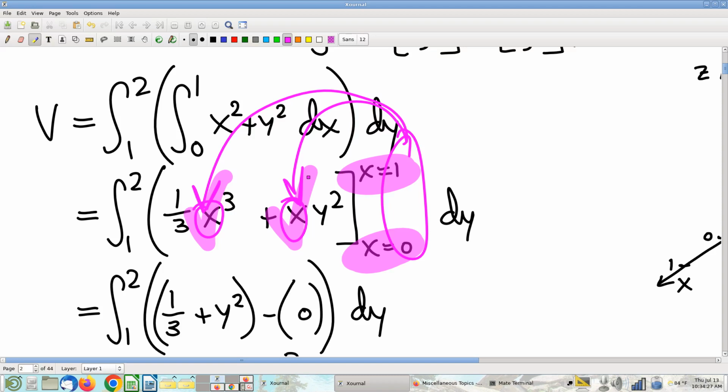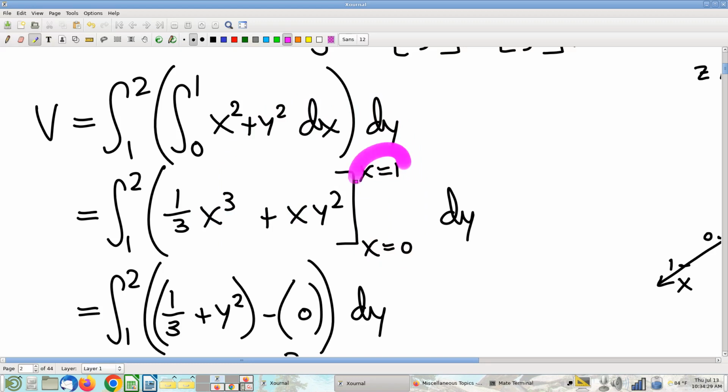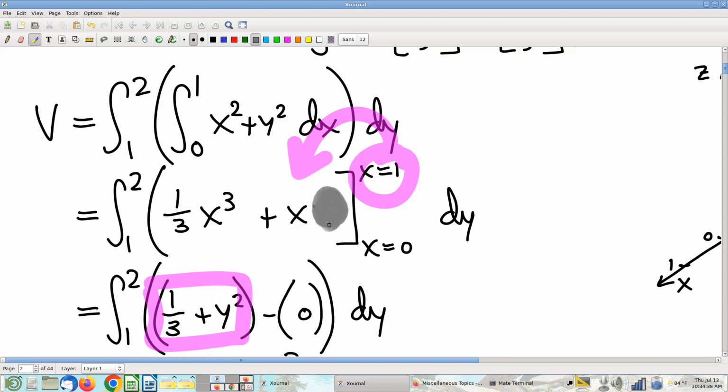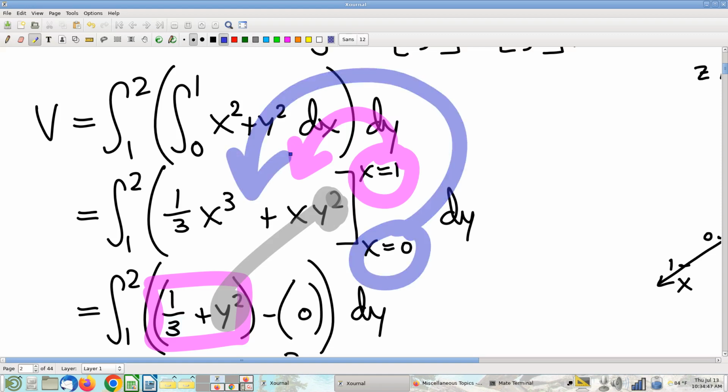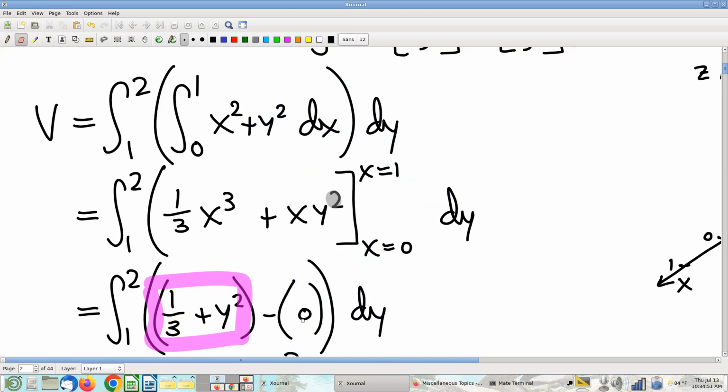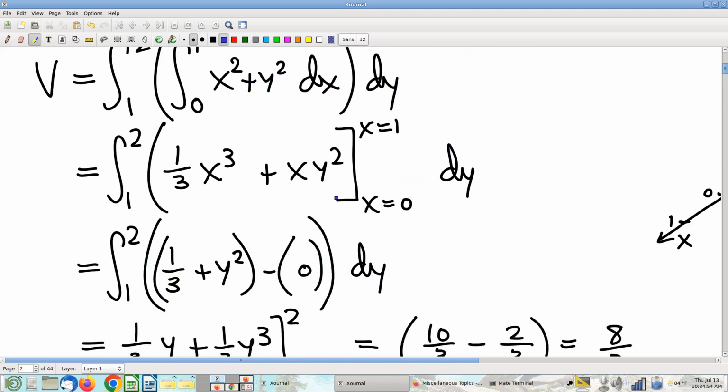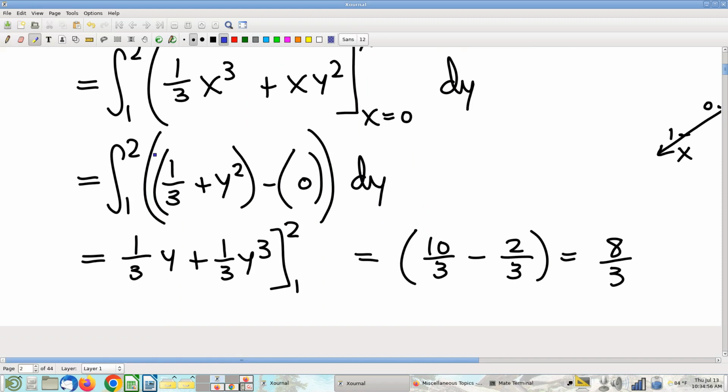Okay, so plug in these numbers. When you plug in the value x equals 1, that gives you this. Notice the y squared stays. When you plug in x equals 0 into there, you get this. And so all together then, your inside integral has worked out to that function of y.